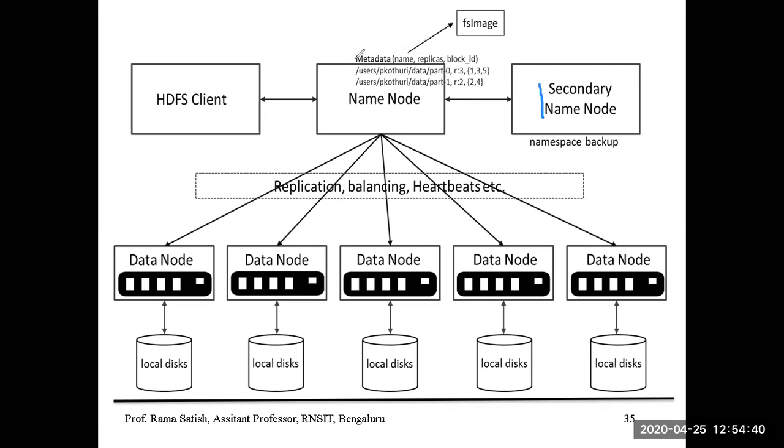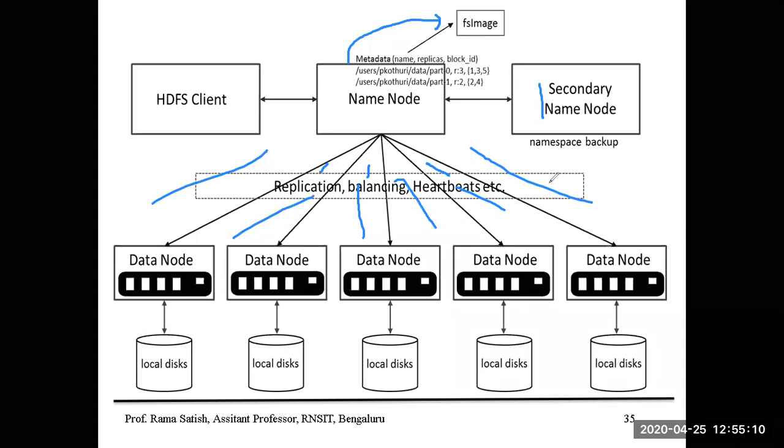All its metadata is stored in the FS image, the file system image. And every time, the data nodes send back the replication information, the balancing factor, heartbeat information, etc. to the name node.